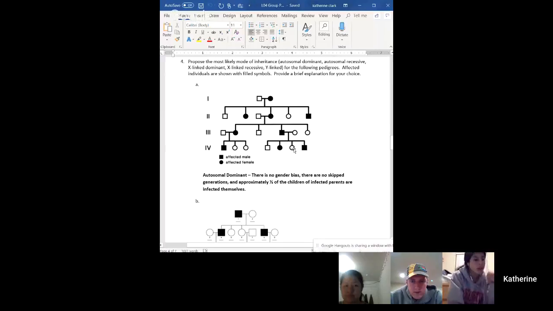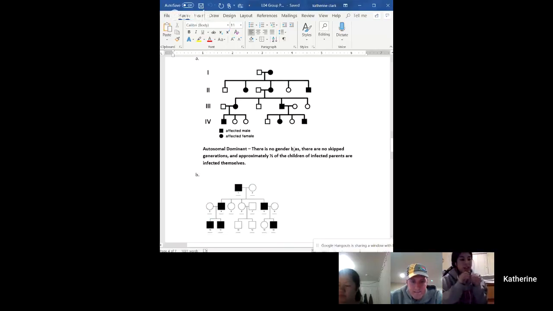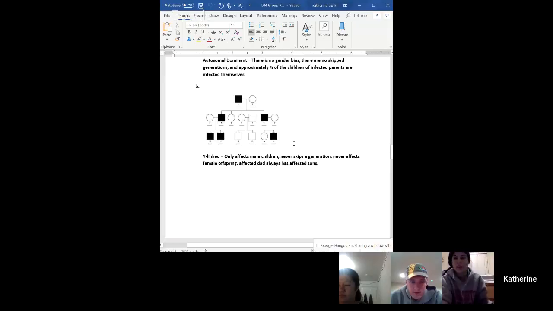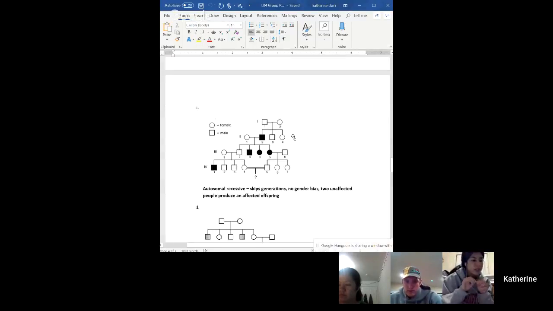Okay, so for 4 for A, I said it was autosomal dominant because an affected individual always has an affected parent. And then for B, I said that it was Y-linked because more males are being affected than females. And then for C, I said it was autosomal recessive because some unaffected parents had affected offspring, and there were equal amounts, no gender bias, equal males and females affected.